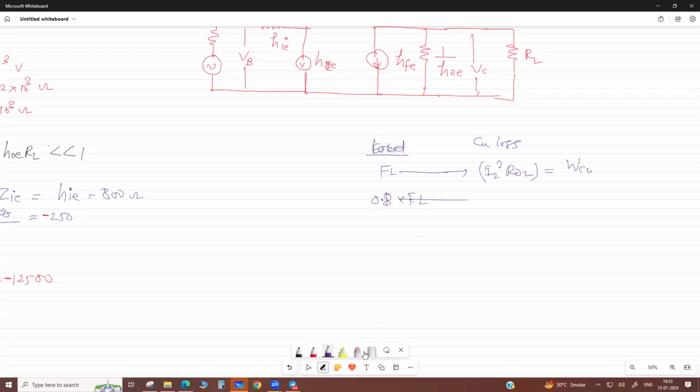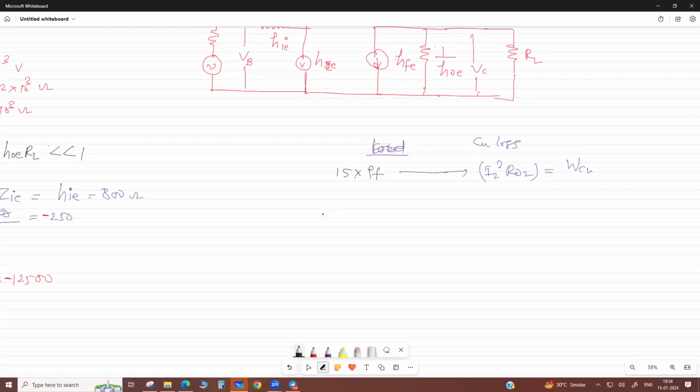Full load means what is the full load? Here we use 15 kVA into your power factor.